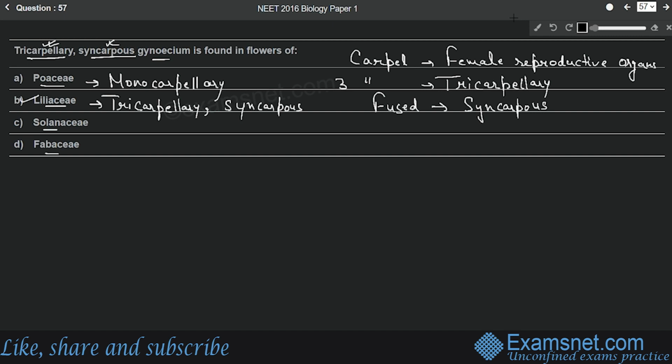So this is correct according to this question. Then the third one is Solanaceae. Solanaceae are bicarpellary. Okay. These have two carpels. Right. So this is also not correct. And then the last one is Fabaceae. This is again monocarpellary. So the correct option according to this question is option number B.